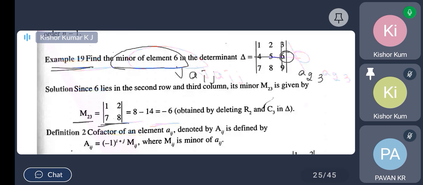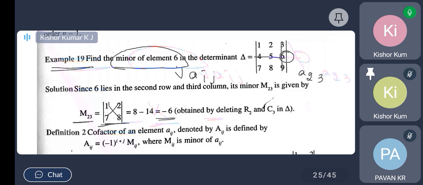We know how to evaluate this 2 by 2 determinant. Multiply the left diagonal: 8 into 1 is 8, minus the right diagonal: 7 twos are 14. So 8 minus 14 equals minus 6. This is the minor of element 6, M23. Whatever element they ask, first mention where the element lies, and then follow the same procedure.